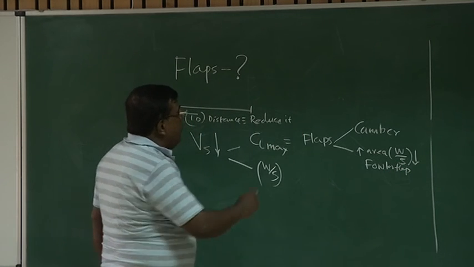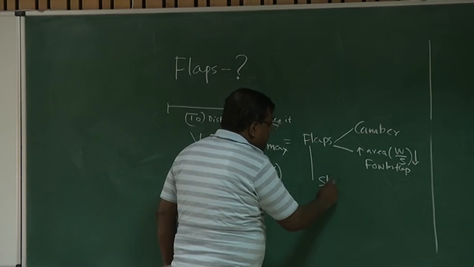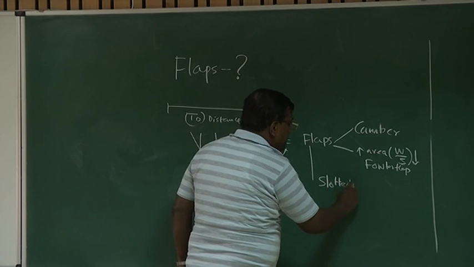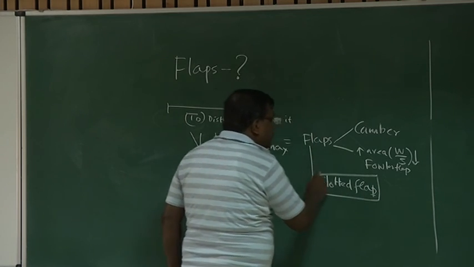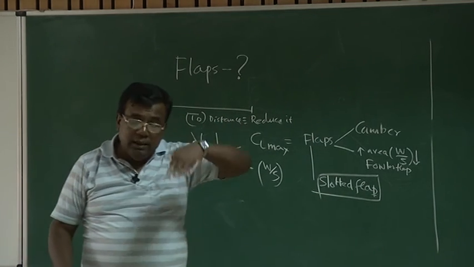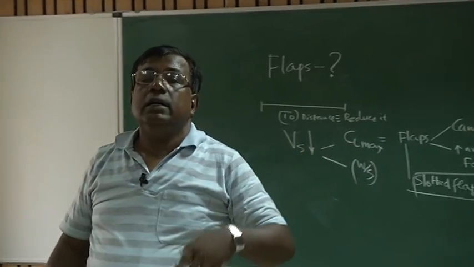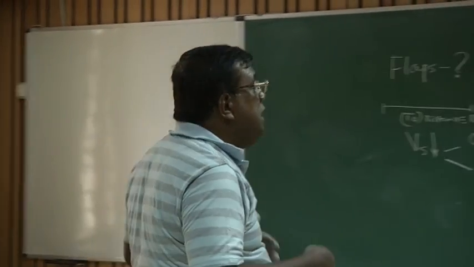And in flaps you have also seen the slotted flap. Why slotted flap? Because by using a slotted flap, we can put the flaps further down, and it will not face the problem of separation, or the separation points will be delayed.